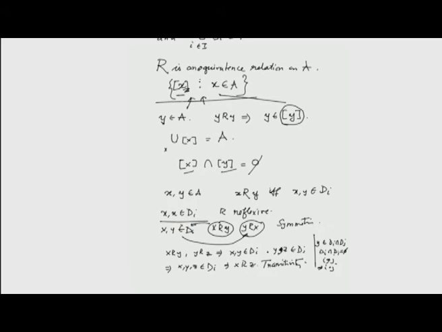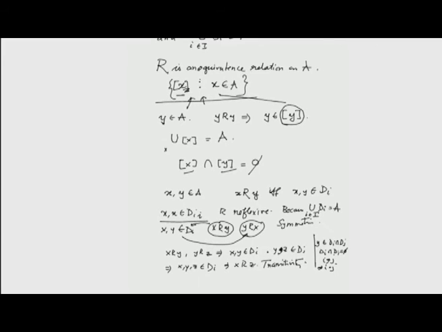At this point, I will again emphasize that given any x, we will have x belonging to some d I, because the union over I varying over capital I of d I is the whole set A. Therefore, this happens.